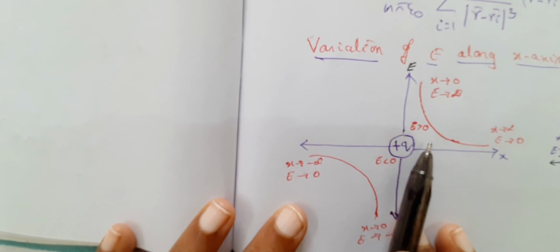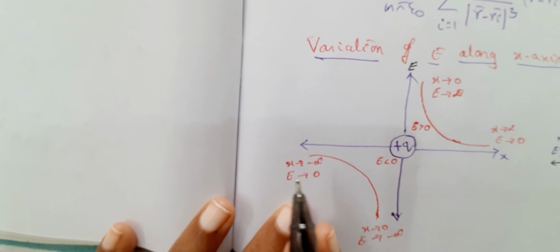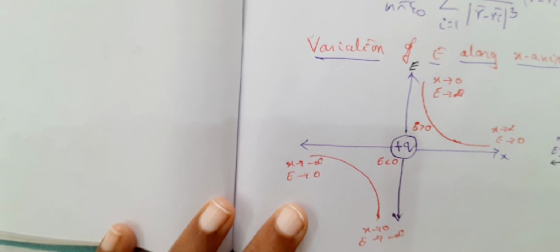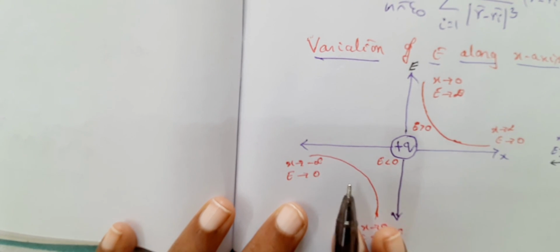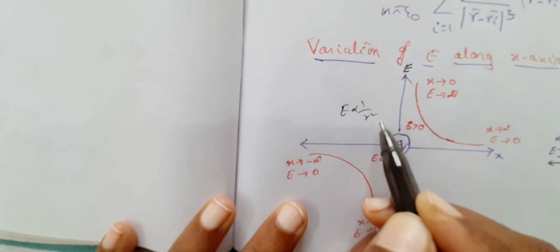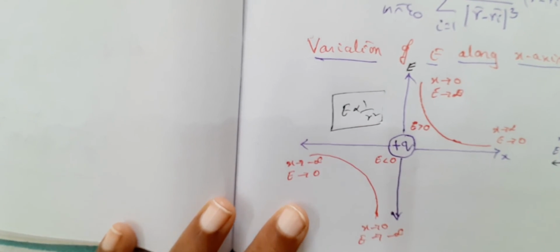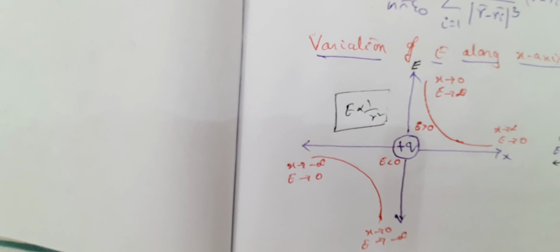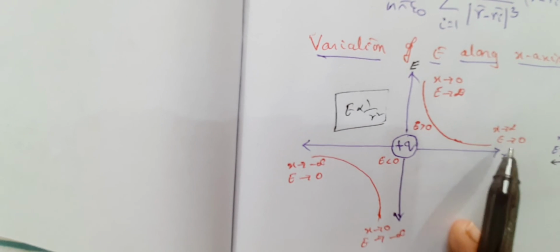As you move away from the charged body, E is inversely proportional to R square, or E is proportional to 1 by R square. So this will be the curve.